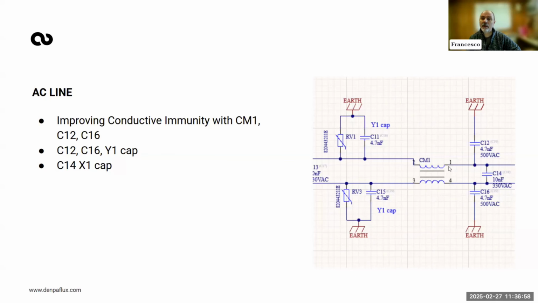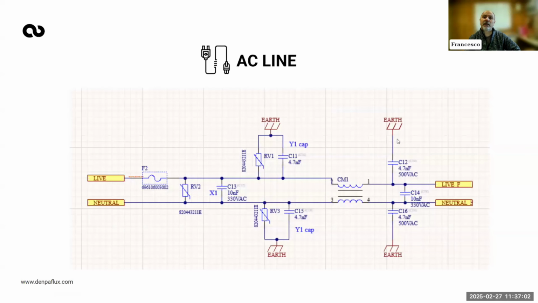Okay. Most of the time, in most of my designs, I don't use C12, C14, C15. Most of the time I'm more interested in emission. I never had a problem with immunity.